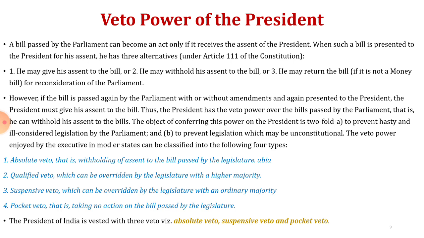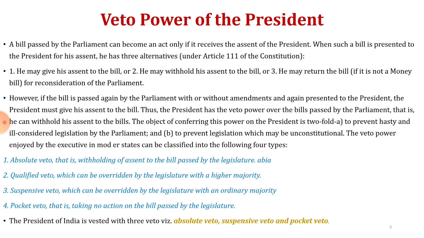The object of conferring this power on the president is twofold. First, it prevents hasty and ill-considered legislation by the parliament, and it prevents legislation which may be unconstitutional. The veto power enjoyed by executives in modern states can be classified into the following four types.